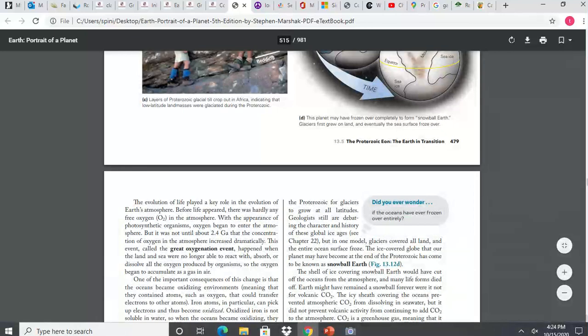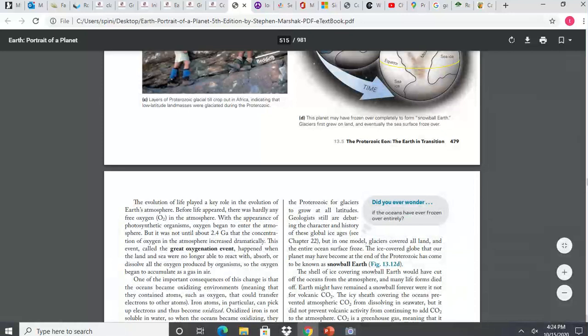So these organisms are getting much more diverse, and there's many, many more of them. The cyanobacteria and all kinds of different bacteria have learned how to get energy, not like the extremophiles getting energy from chemicals, but now they're getting energy from the sun, using this new process called photosynthesis.